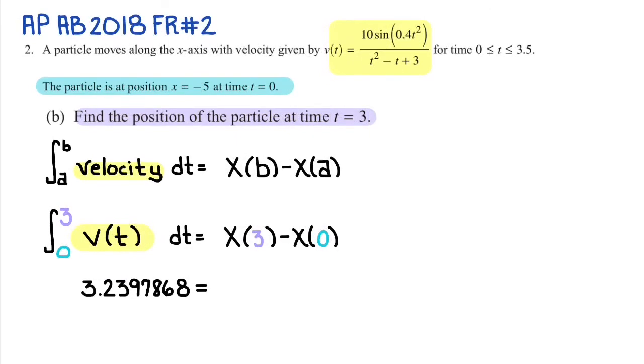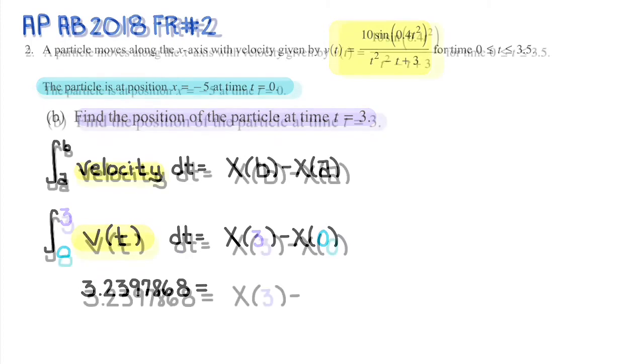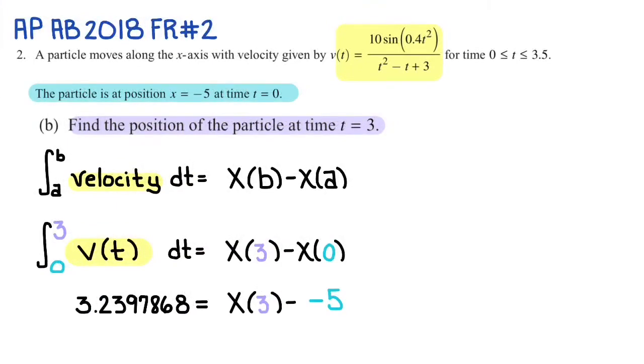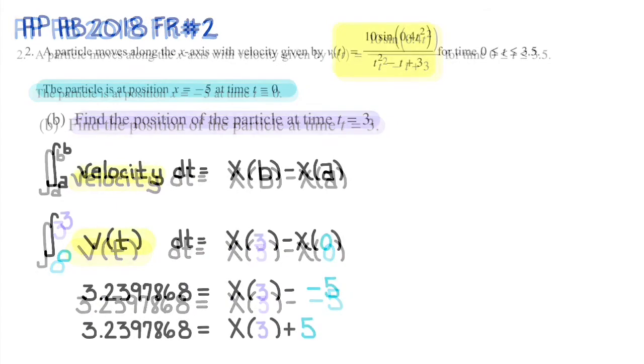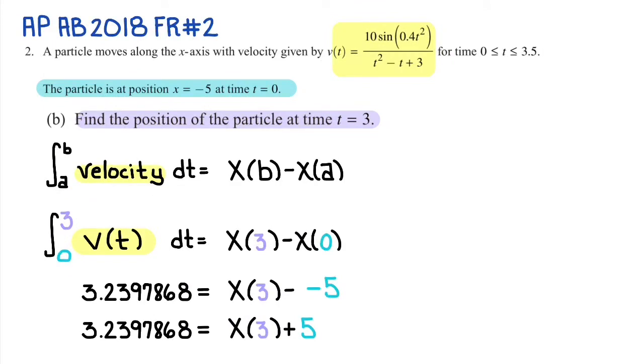Using your calculator to integrate the velocity function from 0 to 3, you get 3.2397868, which equals the position at time 3 minus the known position at time 0, which is negative 5. Simplifying the negative, it becomes positive.